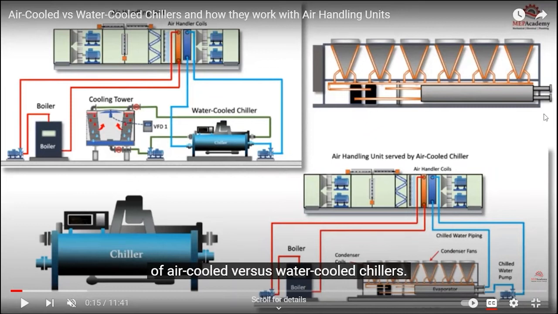Why? Probably because they are cheaper, and here you have to duplicate the system. So you really use water-cooled chillers when the building is very demanding. In this building, the air-cooled chiller was enough.